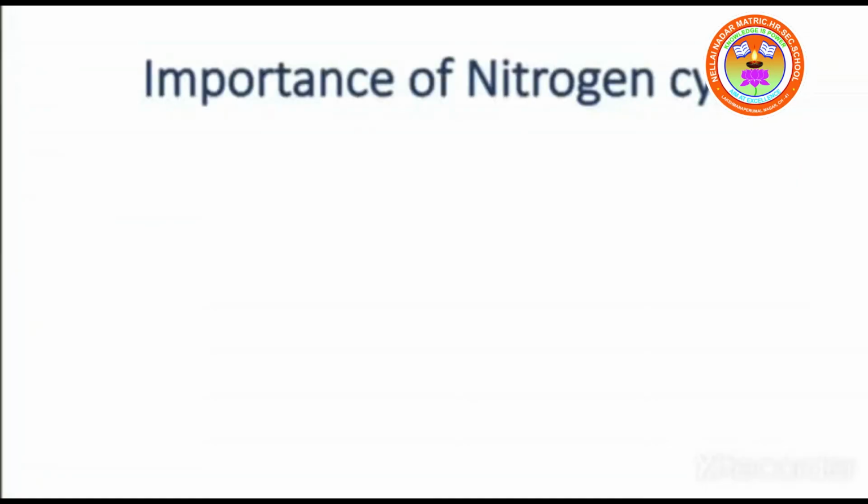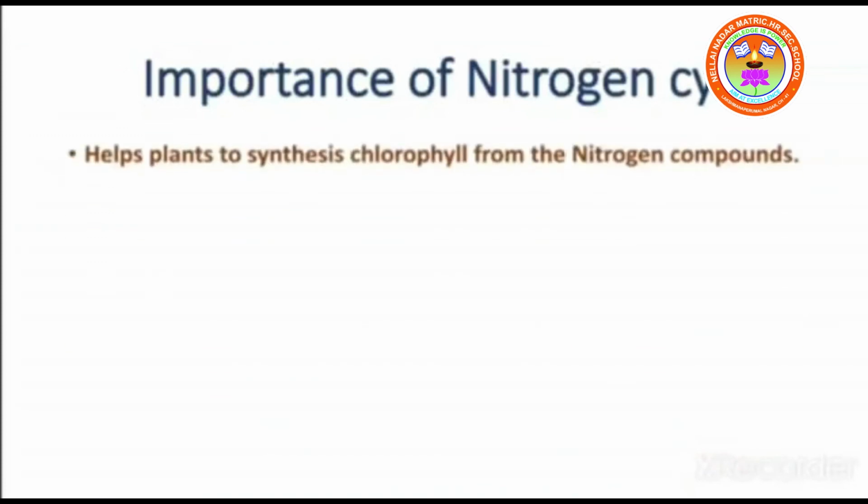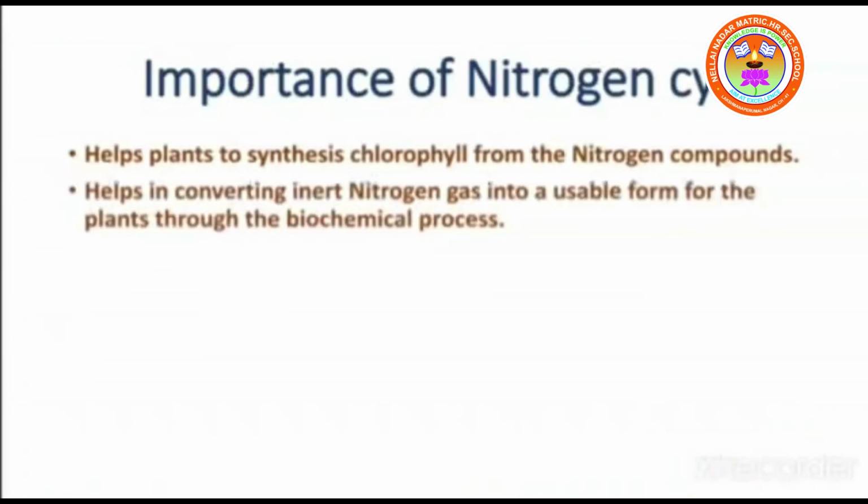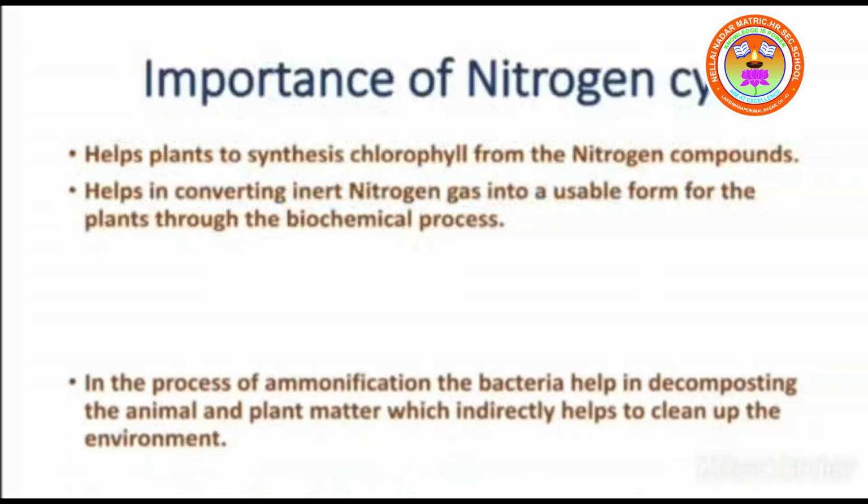Importance of the nitrogen cycle: it helps plants to synthesize chlorophyll from nitrogen compounds, and helps in converting inert nitrogen gas into a usable form for the plant through biochemical processes.